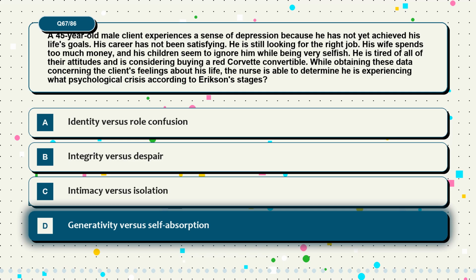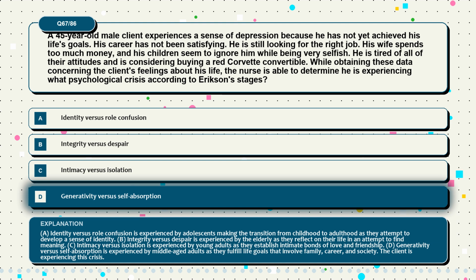The correct answer is option D: generativity versus self-absorption. Identity versus role confusion is experienced by adolescents making the transition from childhood to adulthood as they attempt to develop a sense of identity. B: integrity versus despair is experienced by the elderly as they reflect on their life in an attempt to find meaning.